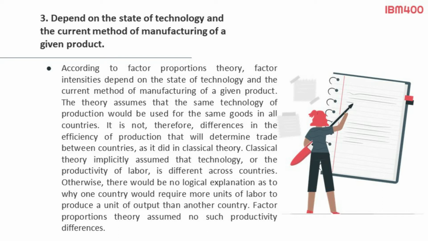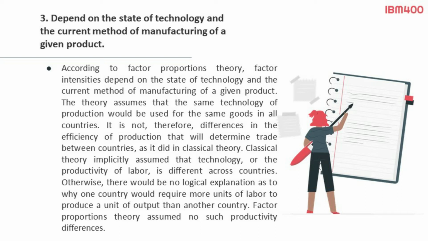The theory assumes that the same technology of production would be used for the same goods in all countries. It is therefore not differences in the efficiency of production that will determine trade between countries, as it did in classical theory.